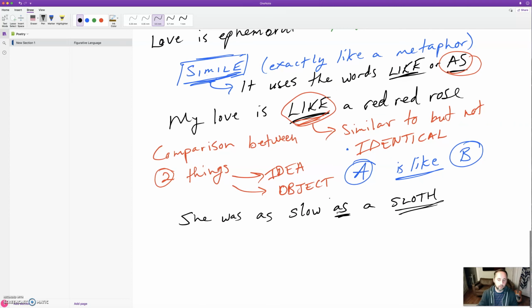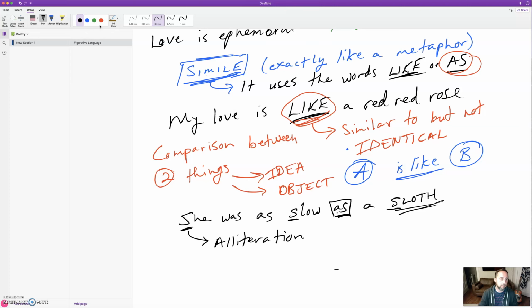She was as slow as a sloth. Actually, I've got lots of S's going on here again, and that gives me some alliteration, all those S's as well.